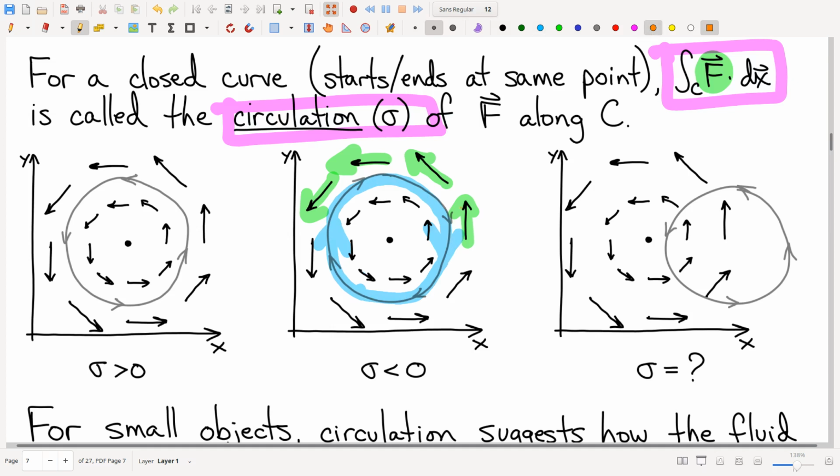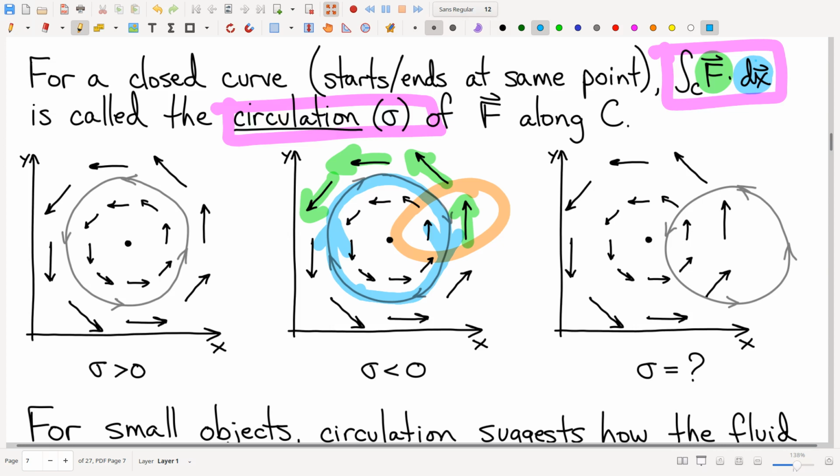Let's look along this little piece of curve right here. Well, look, the curve is going this way. The fluid is going that way. And so to what extent is the fluid doing what the curve is doing? Well, it's doing the opposite of what the curve is doing. We would expect this dot product, vector field dot dx, and the dx, of course, is pointing in the direction that the blue curve is going, we would expect this to be negative, at least along that part of the curve.